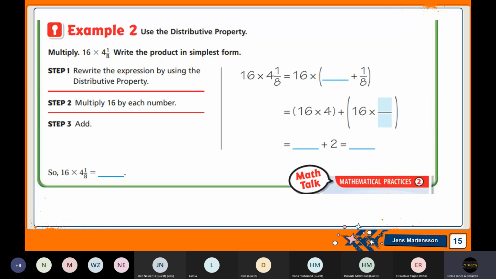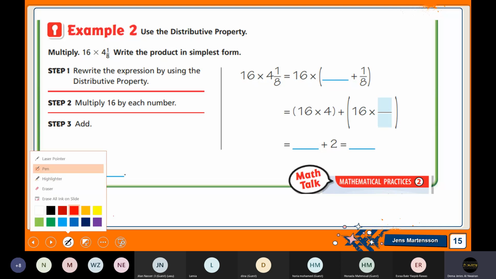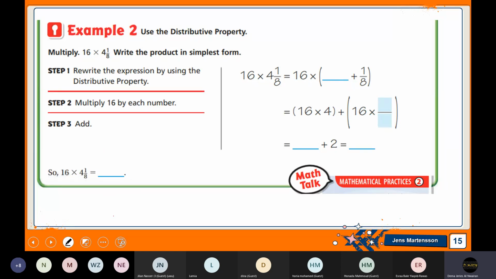472. So 16 times 4 and 1/8. How can we rewrite 4 and 1/8? 4 plus 1 out of 8. Bravo. We will say it's 4 plus 1/8.